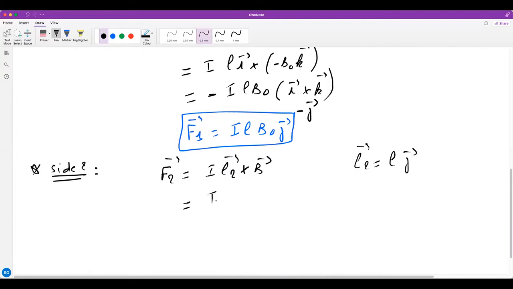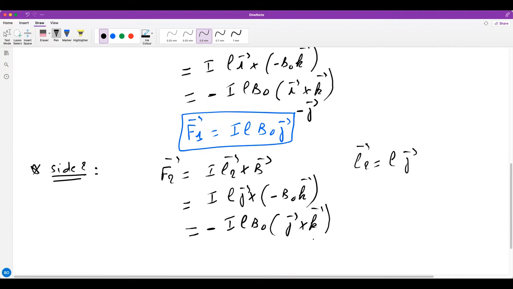I can replace it: I L j cross minus B0 k, and this gives a minus sign, I L B0 j cross k. Well, j cross k gives i.